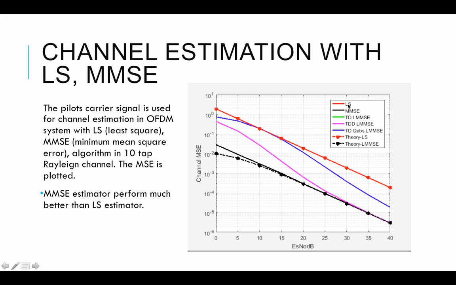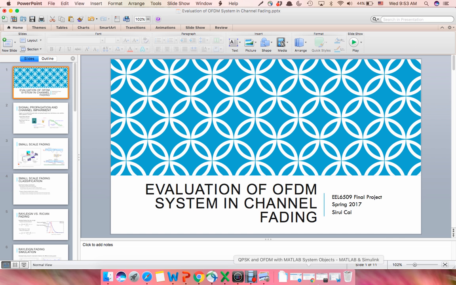We can see here that the performance of the MMSE is much better than the least squares, because the MSE is directly related to the mean square error that we use as the measurement. Now I'm going to show you the simulation that we have here.